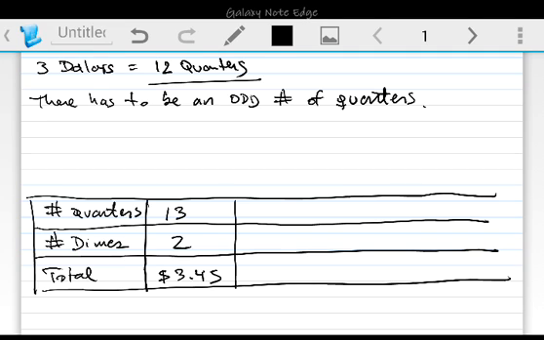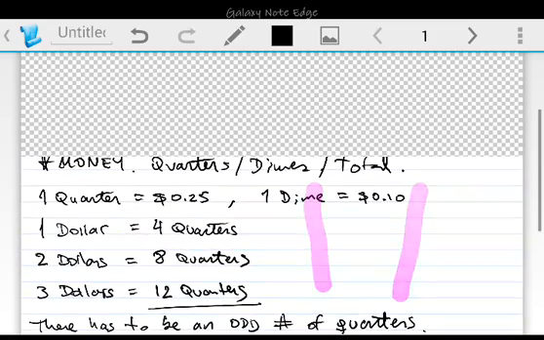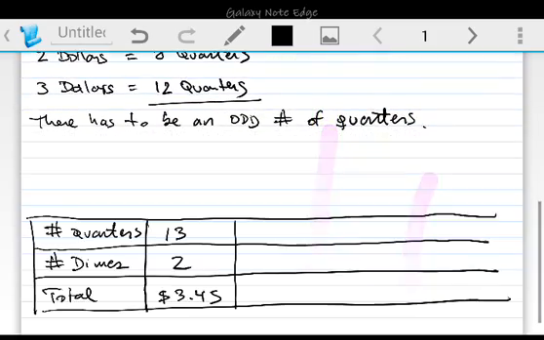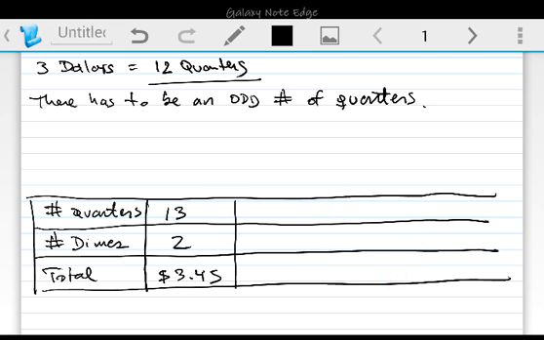Okay. And also notice that it says that she has more quarters than dimes. And it's curious that that is satisfied here in this case. We do have more quarters than dimes. We have 13 quarters and 2 dimes. So then the next number of quarters that we could have has to be an odd number.